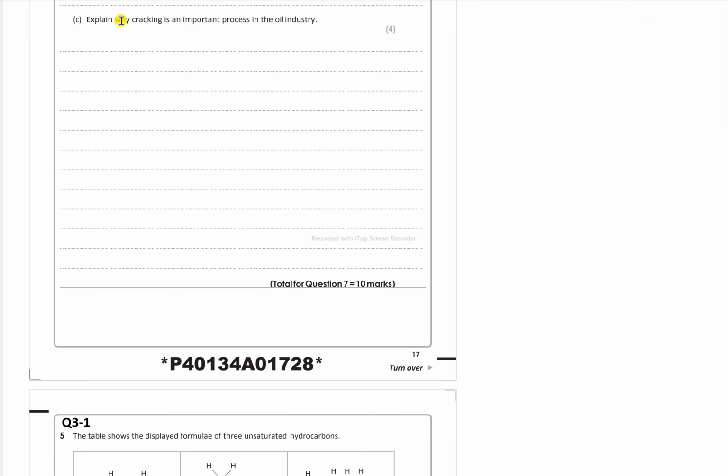Explain why cracking is important. First of all, always write this. There is an oversupply of long chain polymers or hydrocarbons.